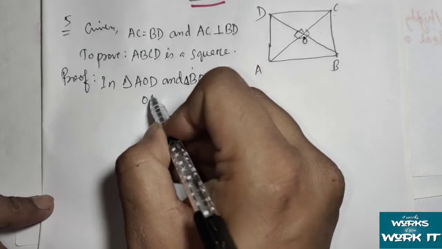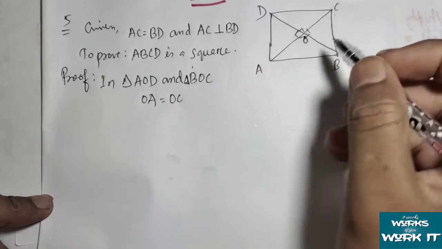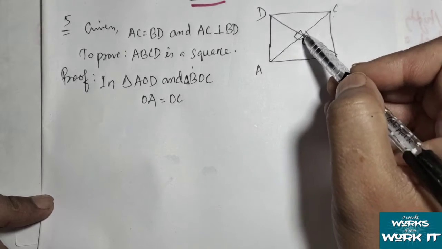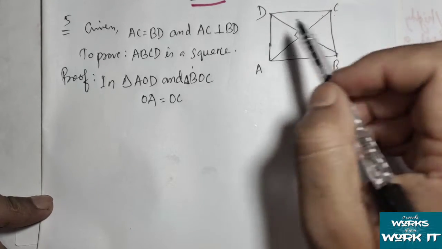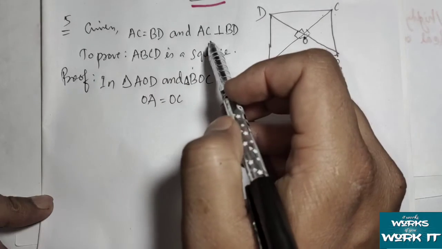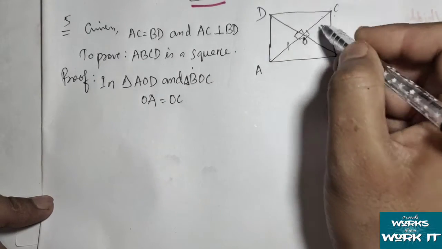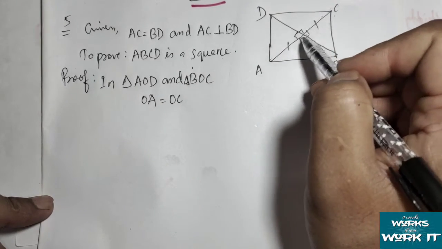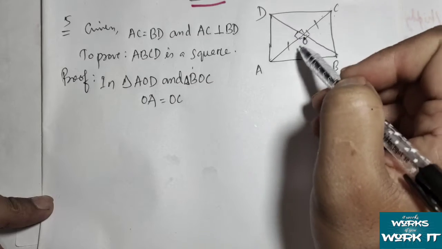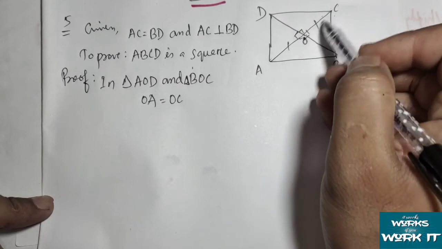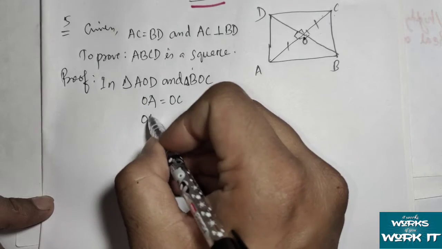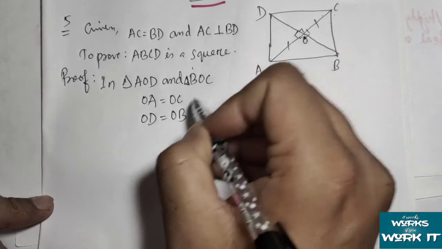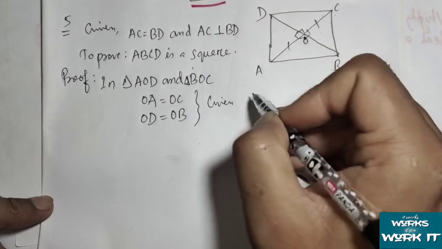First we can write OA is equal to OC. It was already given that they are bisecting. I have not mentioned it here, but it was given in the question that they are bisecting and they are perpendicular. So AO will be equal to OC, and OD will be equal to OB. That also we can write, OD is equal to OB. So these things were given.